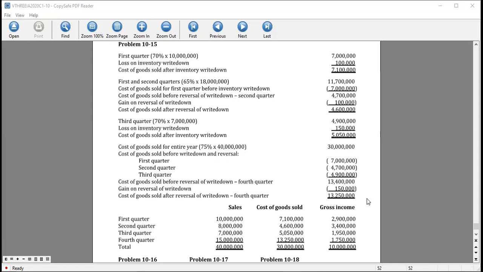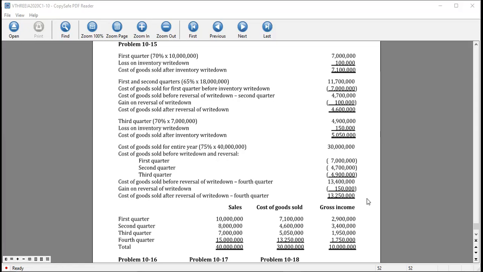We have the cost of goods sold before reversal of write-down at the end of the second quarter, 4,700,000. Cost of goods sold before reversal of write down, second quarter. Then for the third quarter, cost of goods sold and inventory write down.